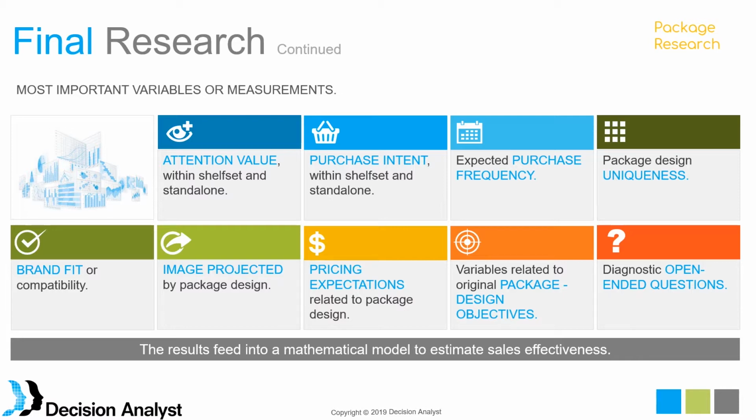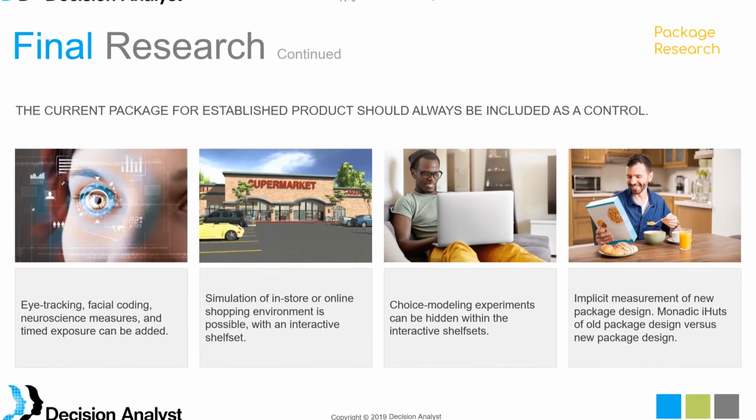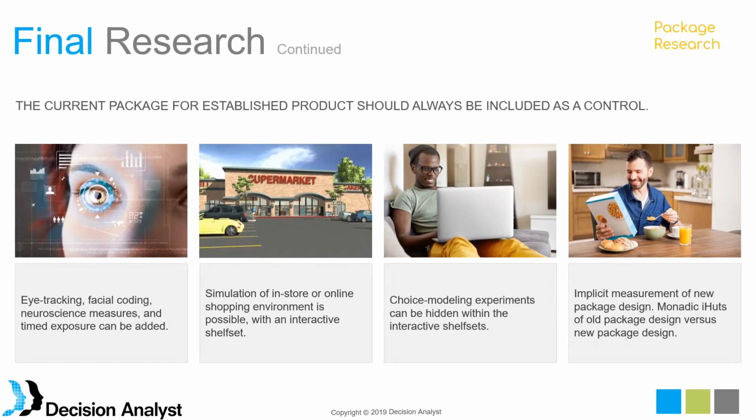And if we want to get fancy, there are some additional things we can add in or layer on top of these primary measures that we just covered. We could add in physiological measures such as eye tracking or facial action coding, facial coding. We can add in other neuroscience measures.